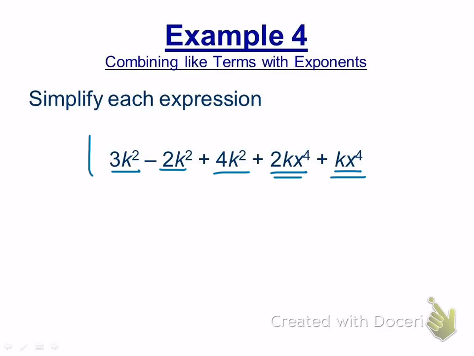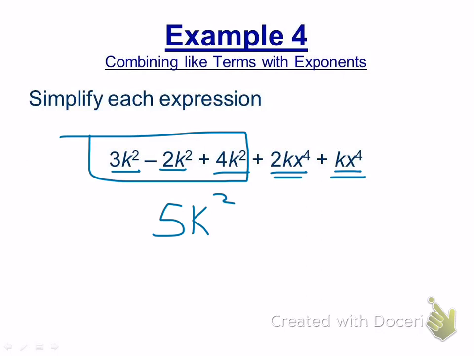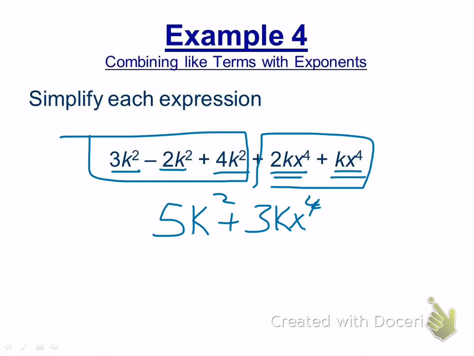So we're going to combine these 3 like terms, and we're going to get what? 5k squared. And we're going to combine these two and get 3kx to the 4th. And again, I'm not changing exponents because only multiplication and division can change an exponent, right? Okay, everybody good with that?